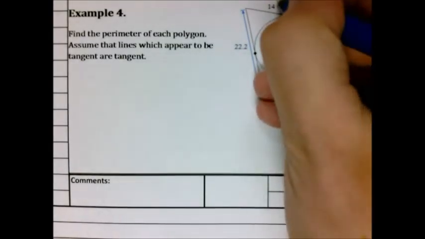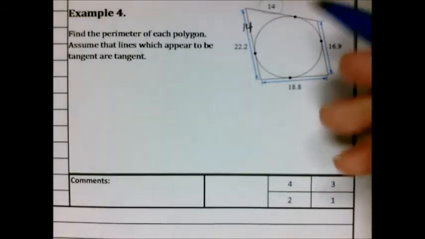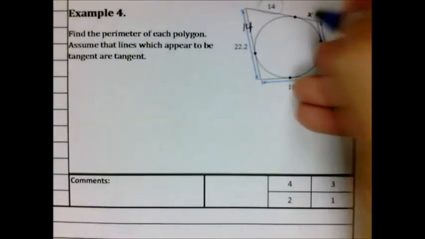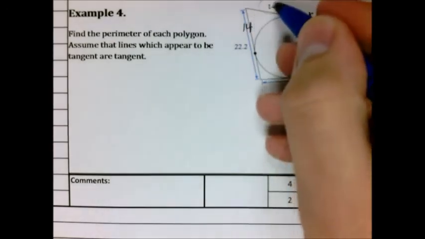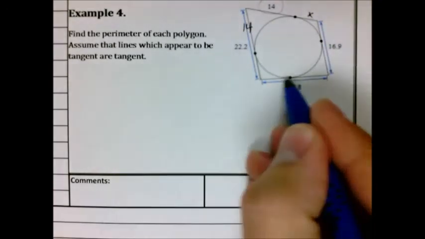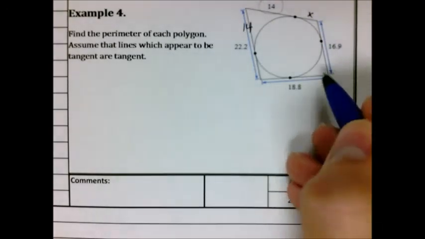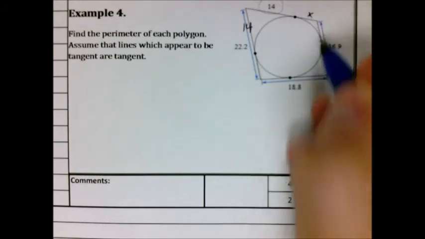So if this is 14, this has to be 14 as well. We don't know this side here, so we have to figure out what that little length is going to be, so we can figure out the other lengths.